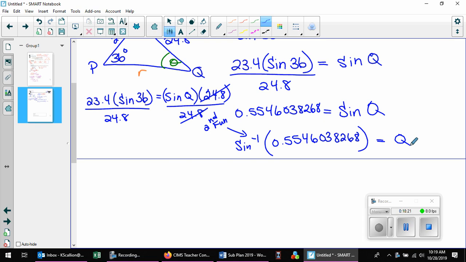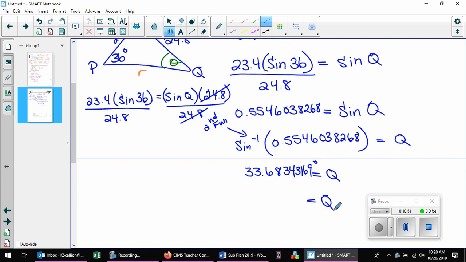We use this notation because it's what's in our calculator, but mathematically we're dividing sine out. It's very cool when it all clicks and makes sense. And this would be 33.68343169, and that's in degrees.